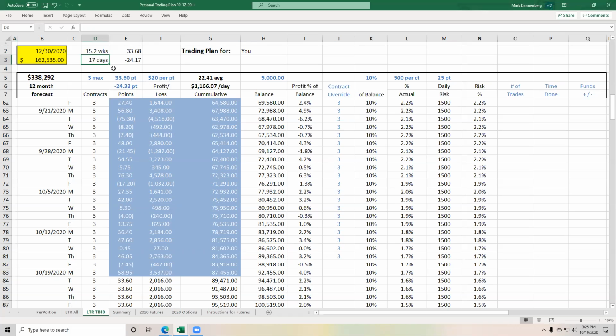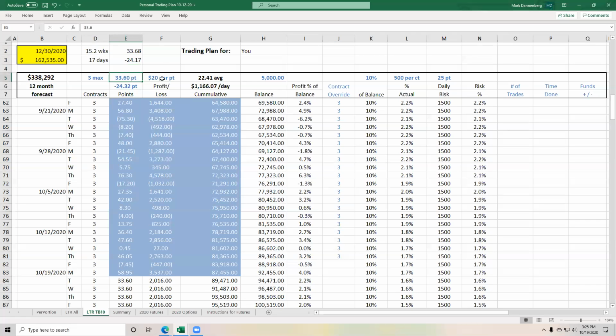And so we've had 17 losing days out of 15.2 weeks, right? That's getting reasonably close to the original plan of 1 day per week, slightly elevated, but our average winning day value is going to take into account that frequency rate, and our average losing day value is going to take into account that frequency rate.